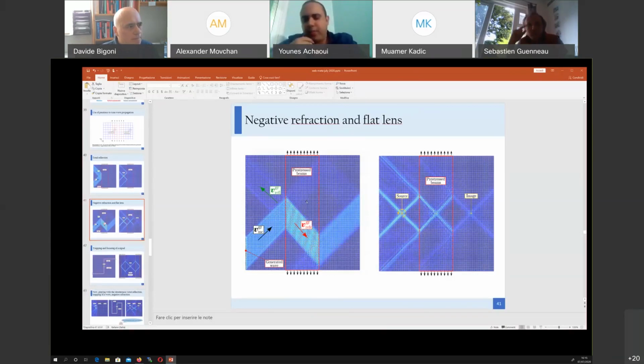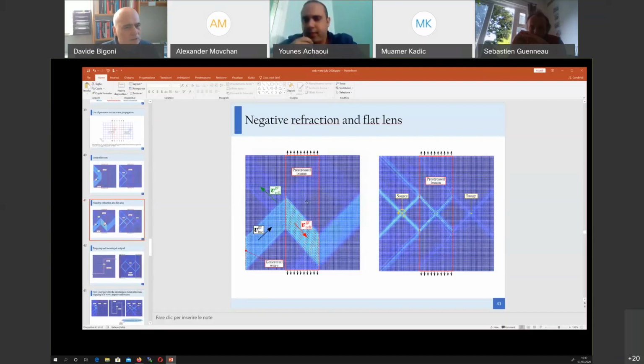Okay. So my second question: you are depicting here the changing of direction of waves. So this is because you are taking into account the fact that the wavelengths are a bit small compared to the area of negative refraction.